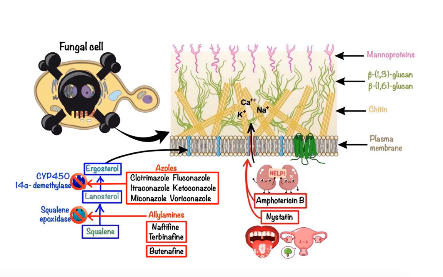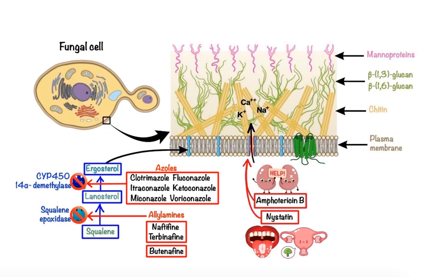That being said, both squalene epoxidase and 14-alpha demethylase are also present in human cells, and although human enzymes are less affected than the fungal enzymes, there is still a potential for non-targeted inhibition, which can lead to many adverse effects. One of the prime examples of this is the non-targeted inhibition of human drug metabolizing cytochrome P450 enzymes by azoles, which is responsible for many pharmacokinetic drug interactions.